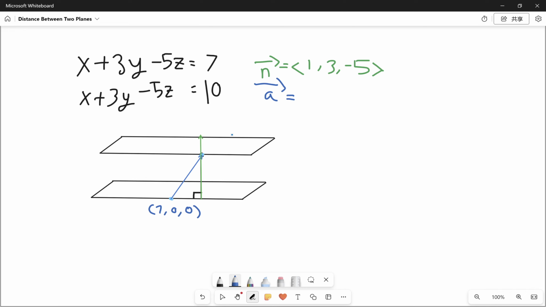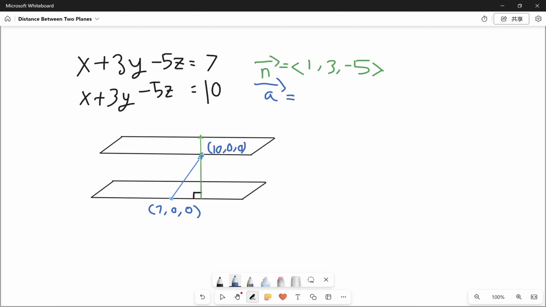Using the same logic, another point to think of is 10, 0, 0.